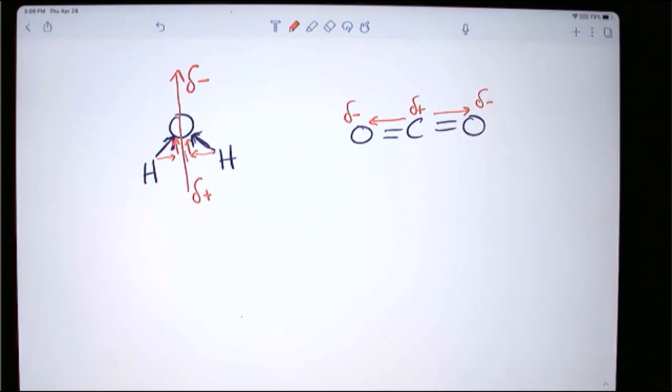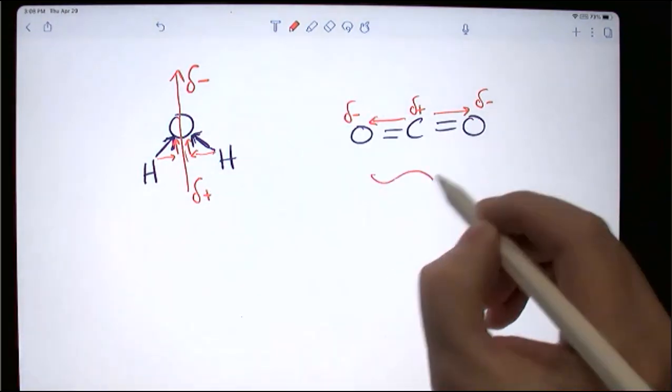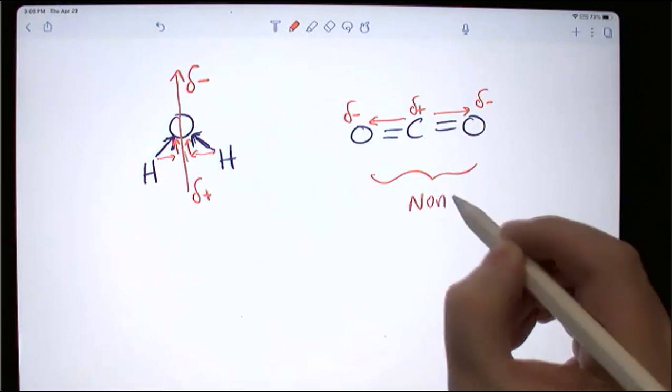Because those two forces will just cancel each other out, right? Why do they cancel? Because they're in opposite directions and they are equal. If they're pulling in opposite directions and they are equal, they'll cancel each other out. So even though the molecule has 2 polar bonds, this molecule is non-polar.